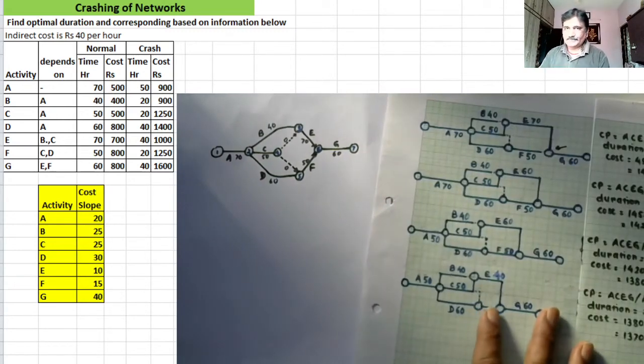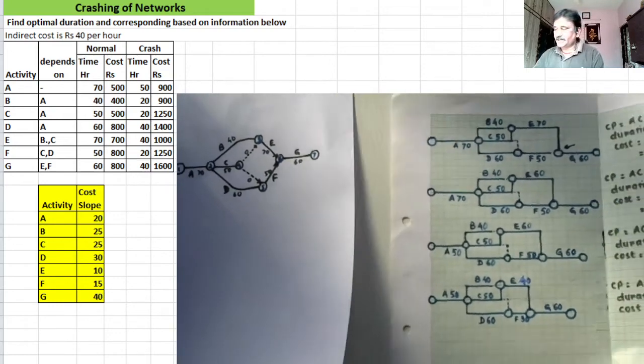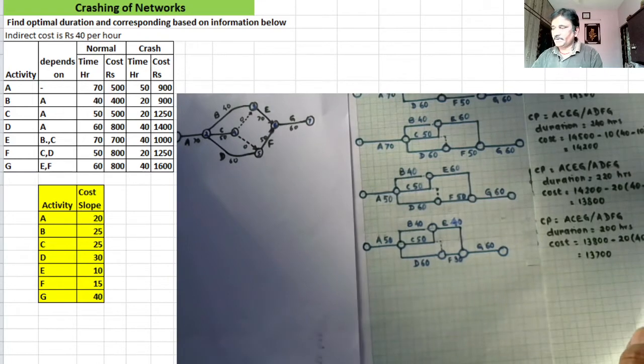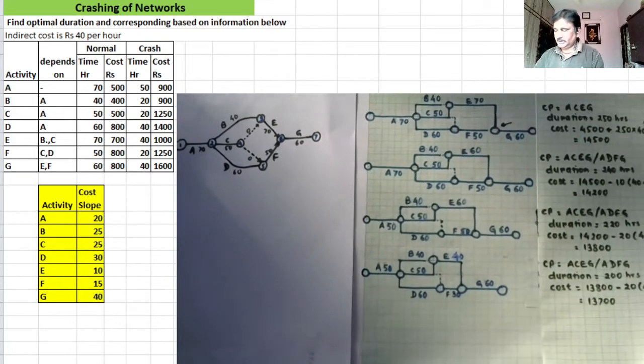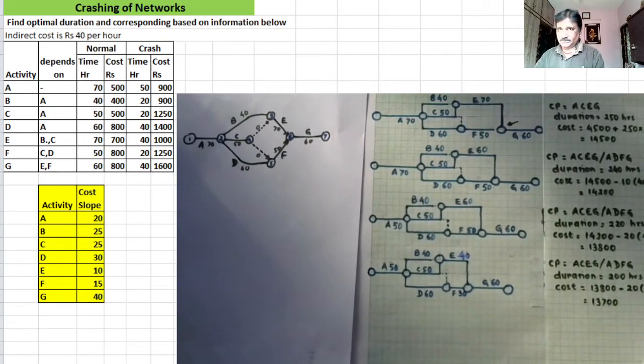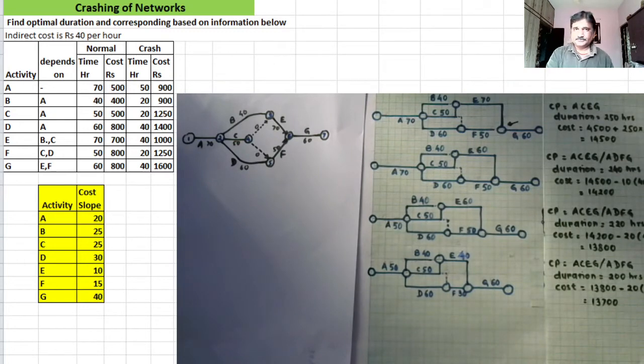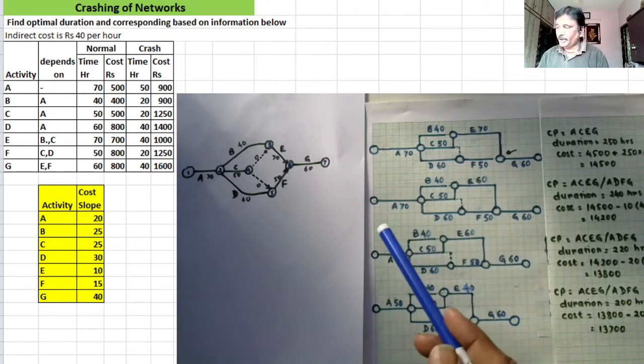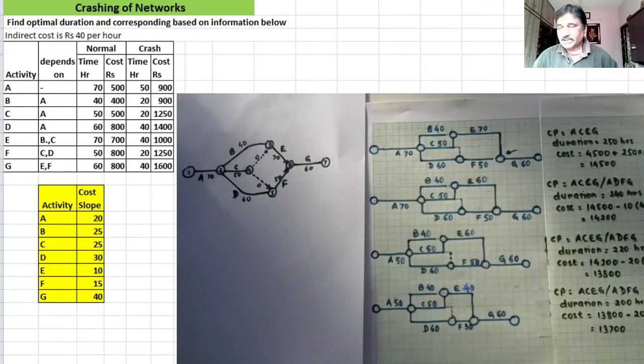So here it is, we have the time scaled version. I will tell you how to draw the time scaled version of the network, right? Look here. First of all, we have to draw activity A, and the duration of the activity is 70 hours. We will draw this 70 hours on the graph paper by taking a proper scale.